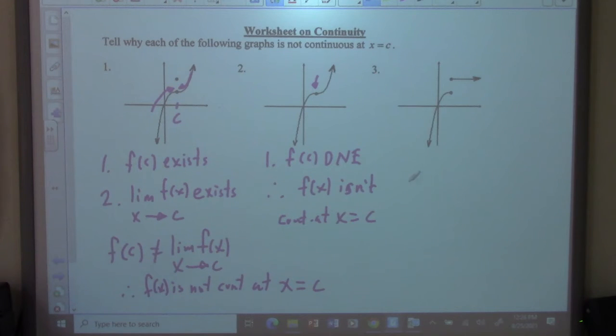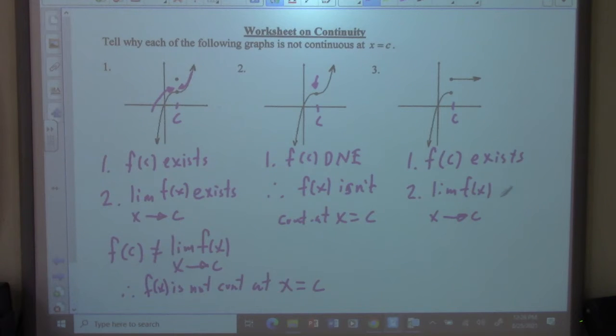So on number 3 here, condition one, and we're talking about at c right here, just like we were talking about c here. Does f of c exist? Yes, it exists. So that's condition one. Condition two, does the limit as x approaches c of f of x exist?